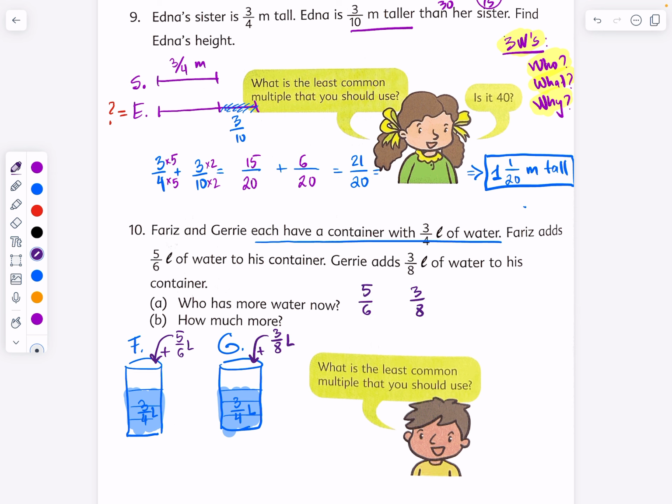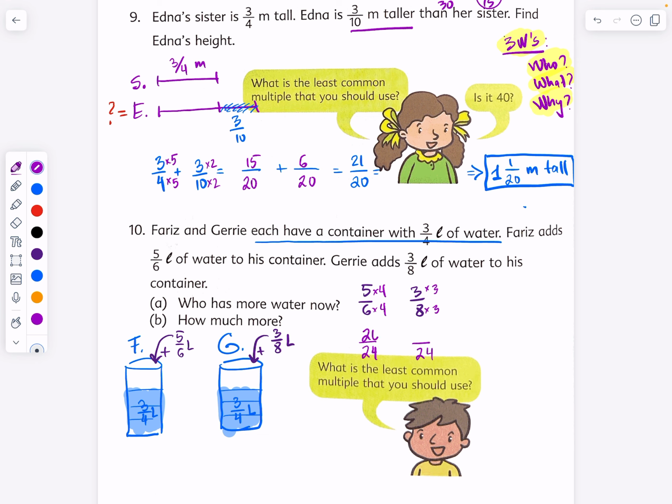First of all, do our fractions have the same denominator? No. Let's bring them to the common denominator so we can compare them easily. Now, we know that 6 and 8 have a common denominator of 24. And we do know that 8 goes into 24 3 times, and 6 goes into 24 4 times.